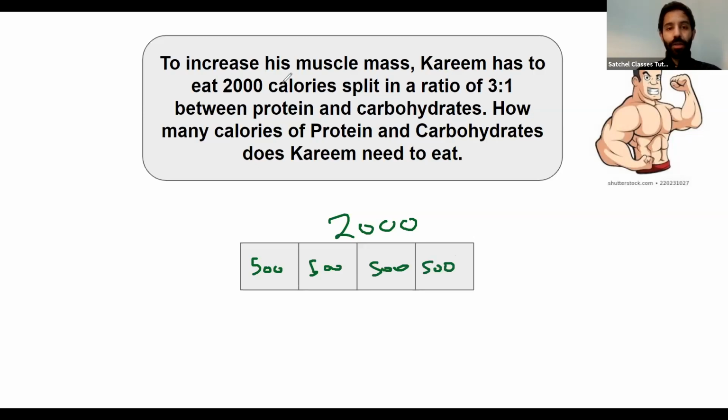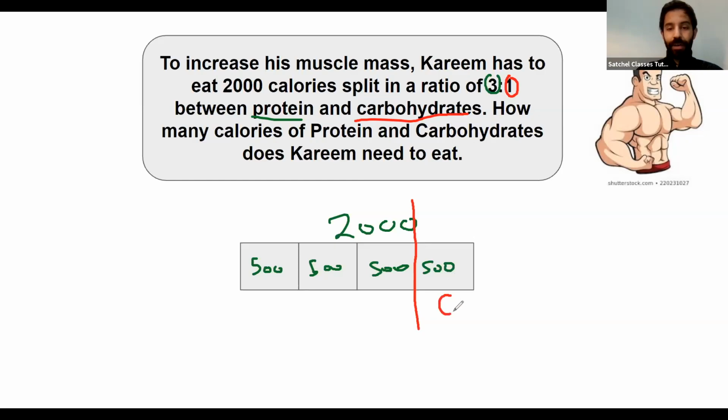And the ratio is 3:1 between proteins and carbohydrates. So proteins will correspond to the 3, and carbohydrates, I'll just use a different color, will correspond to the 1. And if we just draw a line here, we can see that in a given day, if he has to eat 2,000 calories, 1,500 of them have to be proteins and 500 of them have to be carbs.